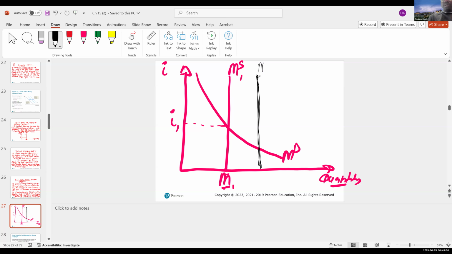So this is going to be your new money supply, you can call it MS2, okay? This is going to lead to a higher money supply. The new equilibrium is where the new money supply curve intersects the money demand curve. So that is going to lead to a decrease in interest rate.